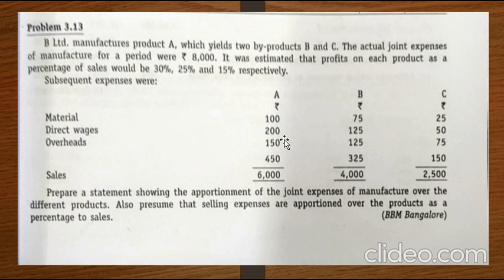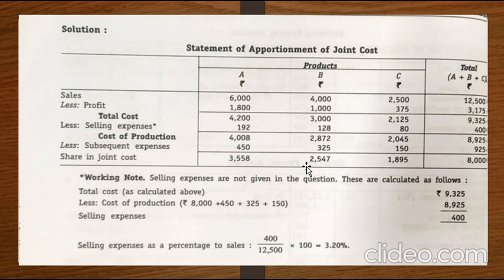How did you get 450? 100 plus 200 plus 150. How did you get 325? 75 plus 125 plus 125, which will give you 325. Then for C, 25 plus 50 plus 75, which will give you 150. This way we can find out our subsequent expenses, where we have got 450, 325 and 150 as your subsequent expenses.